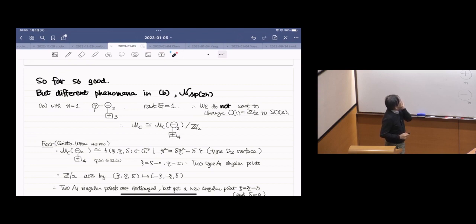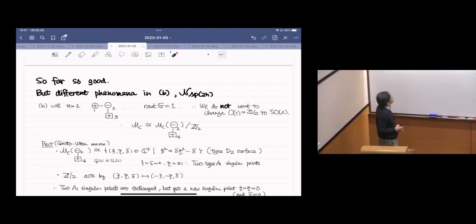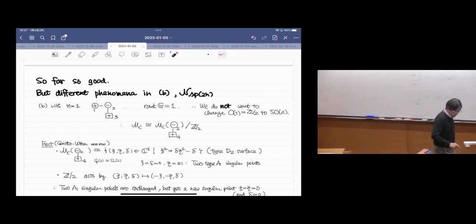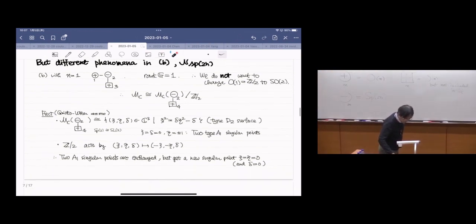So for the Coulomb branch, you just move this to be the framing vector space, and then you divide by G of 2, which you regard as the Weyl group of 1. Then, fortunately, in this example, you can compute this Coulomb branch and also this action. And in fact, this was already done by Witten.